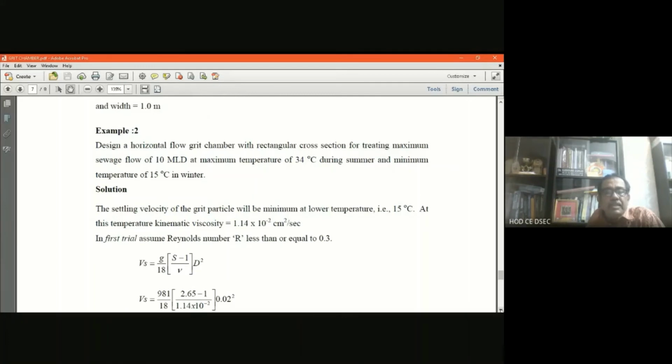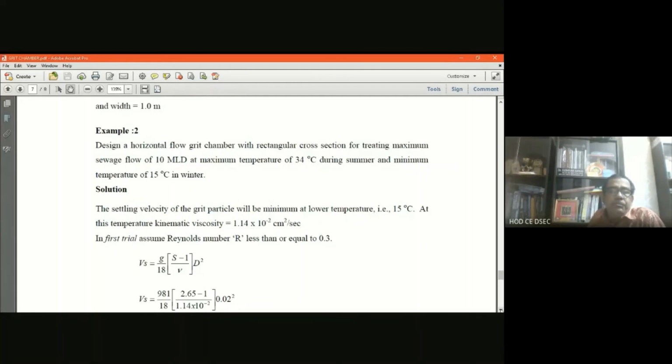Generally, we know the settling velocity of the grit particle will be minimum at the lower temperature, that is 15 degrees centigrade. So at this temperature, the kinematic viscosity is 1.4 into 10 to the power minus 2 centimeter square per second, because there is a chart from which, corresponding to the temperature, the viscosity of the liquid can be found out.